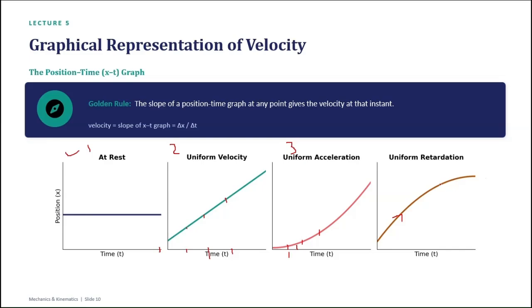Then as the time passes by, the body comes to rest. You can see that here the body comes to rest. It's not changing its position. So it was moving fast, and then it slows down and stops. This is an example of retardation, or negative acceleration.